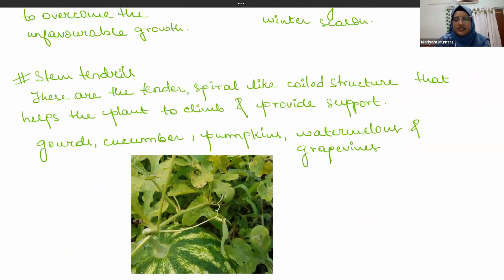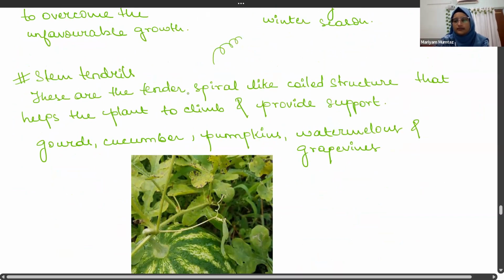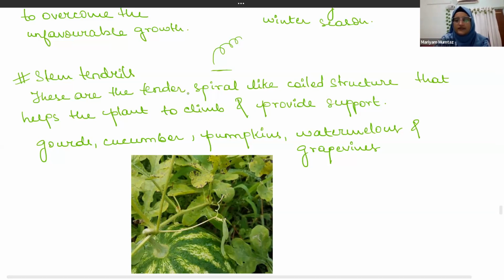Tendrils. Have you seen this sort of a structure in a plant? So tendrils are spiral-like, coiled structures that help the plant to climb. Have you heard about the plants that are known as climbers? And there are creepers, right? You've heard about them. So the climbers have tendrils present in them.